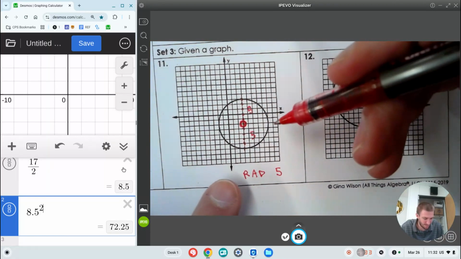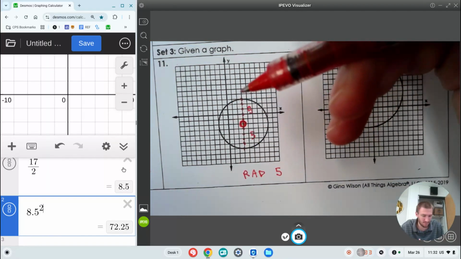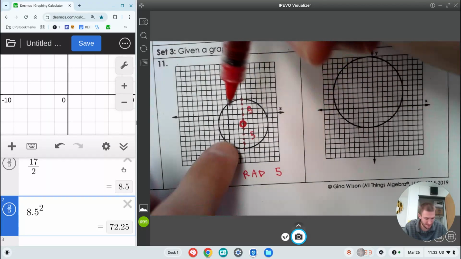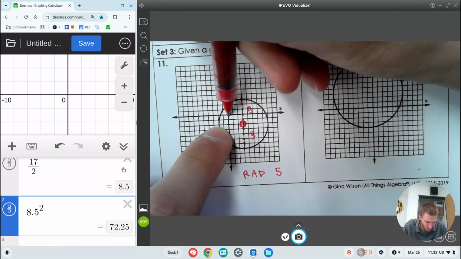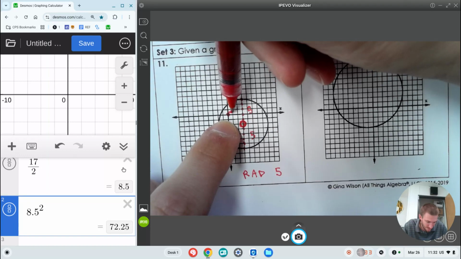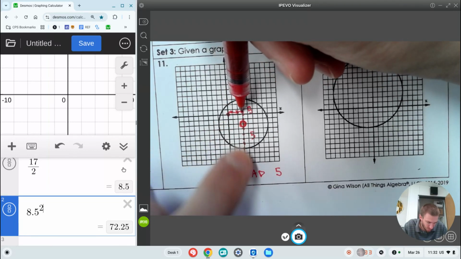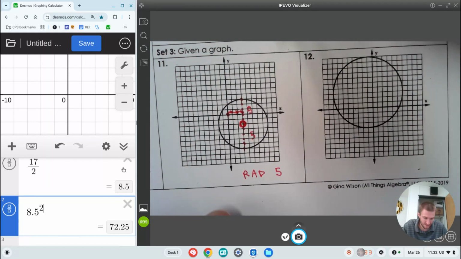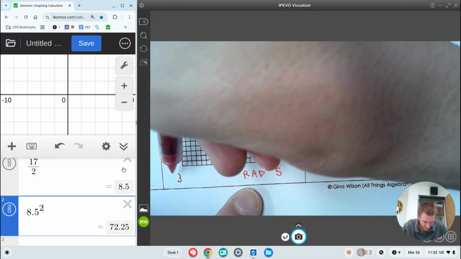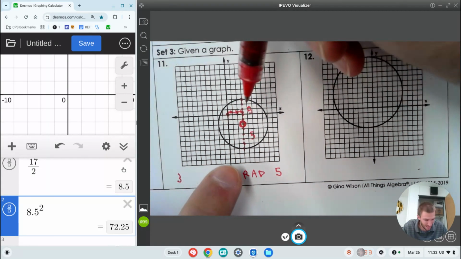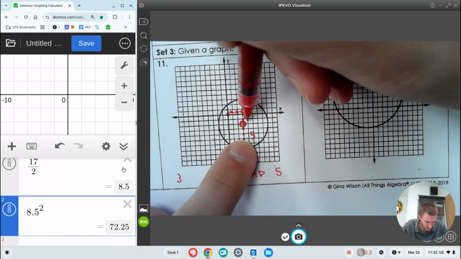Now, where is my center? I need to think about the way that we count coordinates. I'm going, here's the origin, 1, 2, 3 to the right. That's 3. I need to go down, 1, 2.